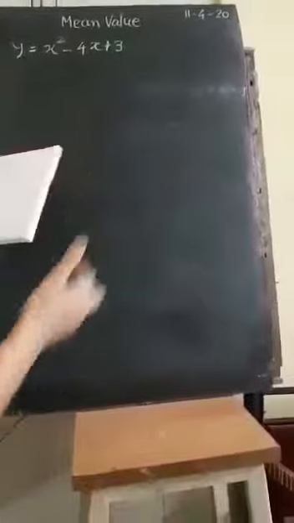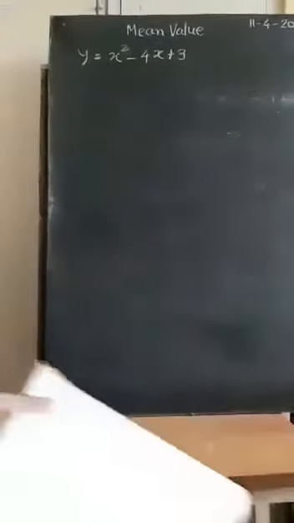Okay, so this shouldn't be x cube, this will be x square. This is quadratic, you can solve it using a calculator. Now this quadratic will cut the x-axis in 2 points.